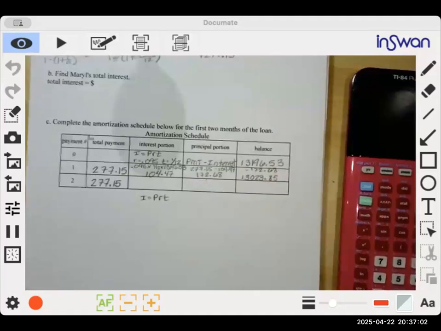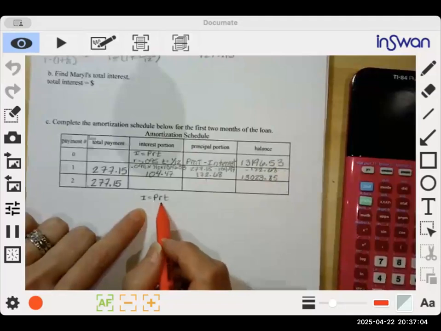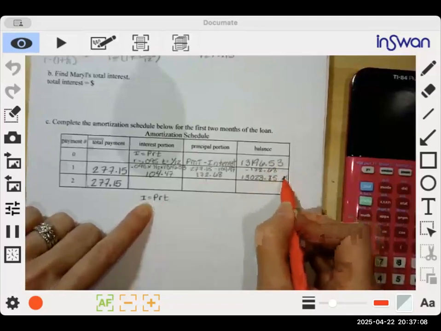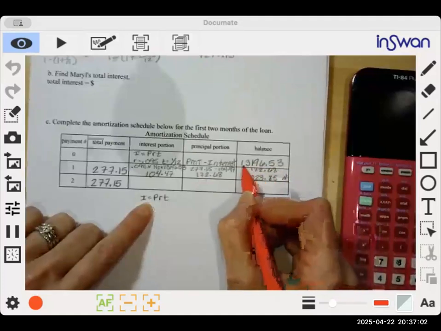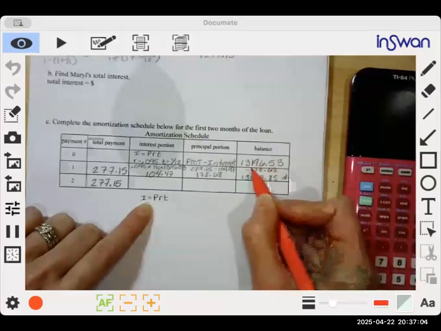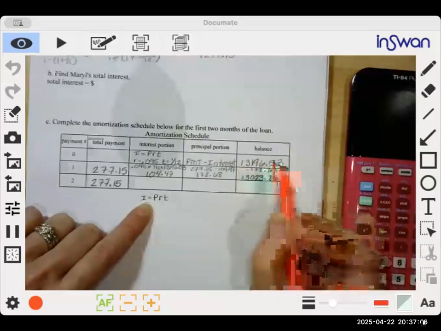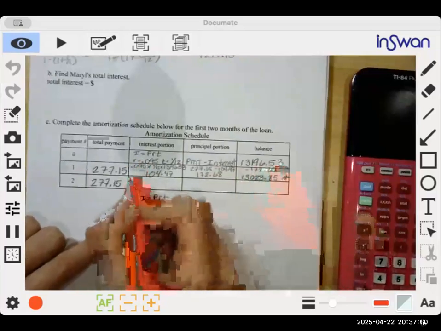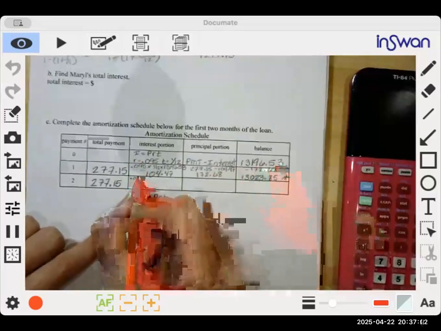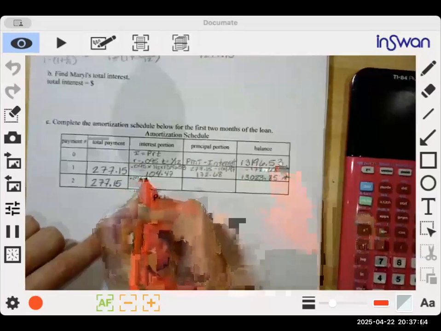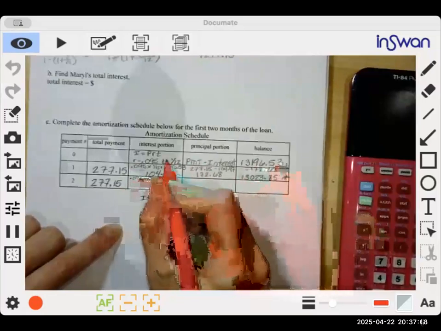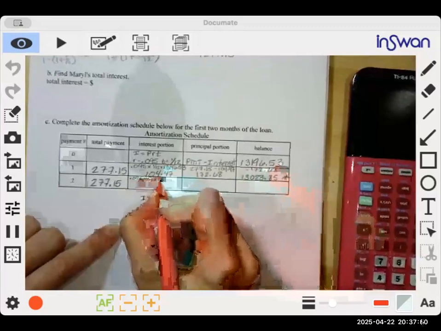Okay, so now when we do I equals PRT, we're now using this amount because we don't owe $13,196 anymore. Now we owe $13,023. So we're still going to do that 0.095 times the 1/12, but now we're multiplying it by that new amount.